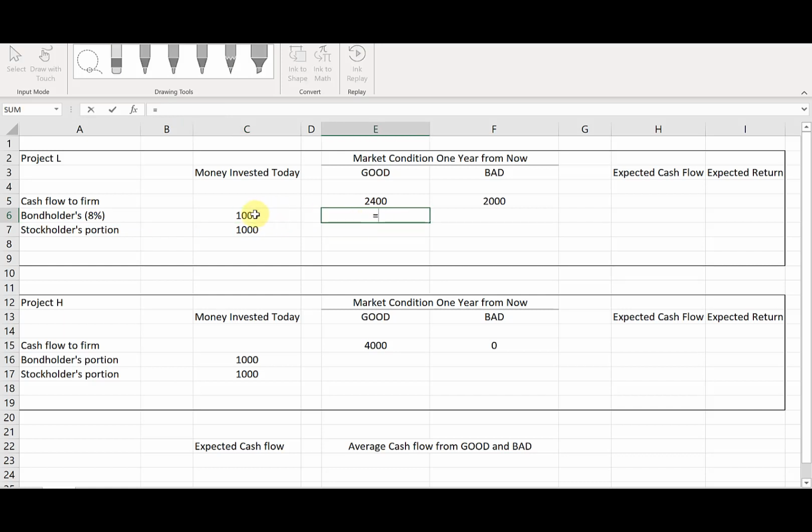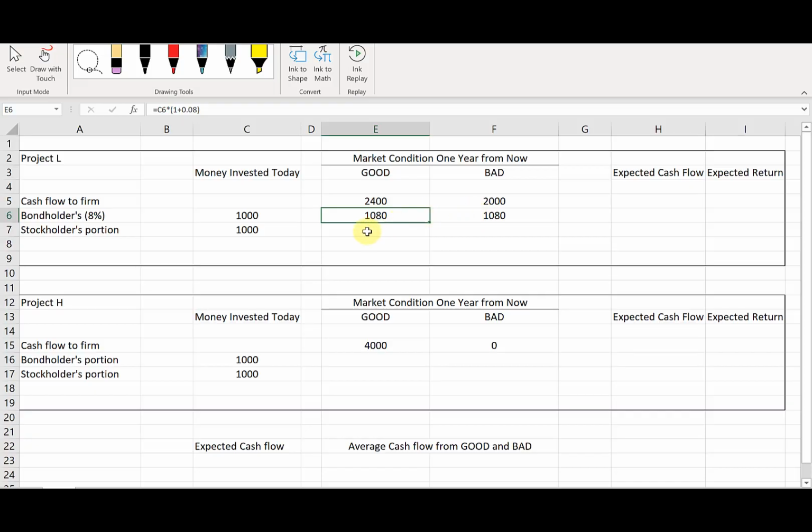So this would be 1,000 times 1 plus 0.08, so 1,080. The company would have to pay its bondholders 1,080 if the scenario is good. It would also have to pay 1,080 if the scenario is bad.